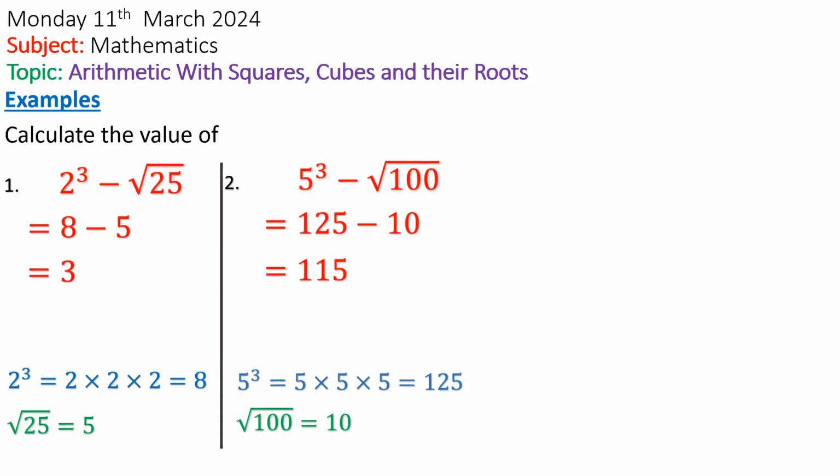You do 5 to the third, which is 125, and then you do the square root of 100, which is 10. Good. You then minus 125 by 10, which is 115. Very good. 115. Thank you.